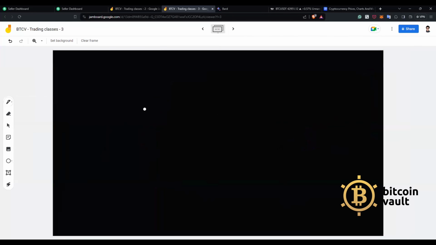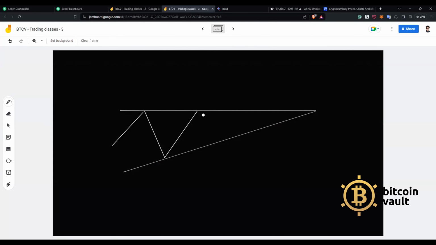Now, the ascending triangle is very simple. Please tell me what the market is trying to do, what the buyers and sellers are trying to do, and who do you think is more powerful in this case? The market is moving in a sideways direction. We know that. We can clearly see.